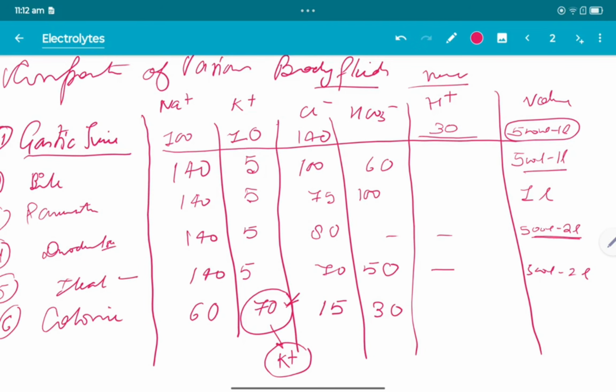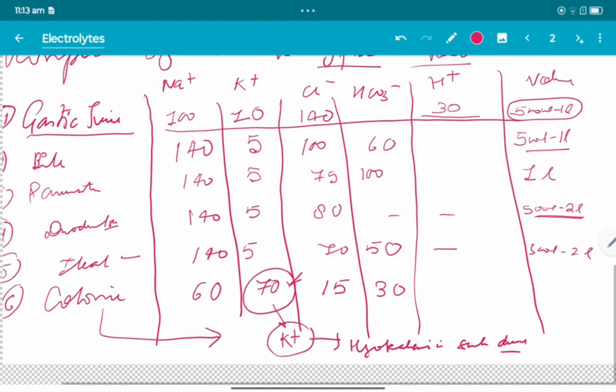Whenever there is colonic fistulas or colonic loss or polyps or any colonic intestinal disease, then you have hypovolemia in such diseases. This you must note down, take a screenshot of this, and we'll discuss how to replace these losses in the future lectures.